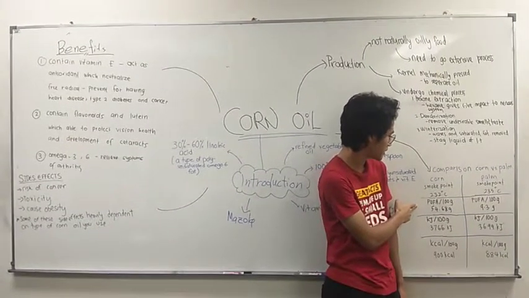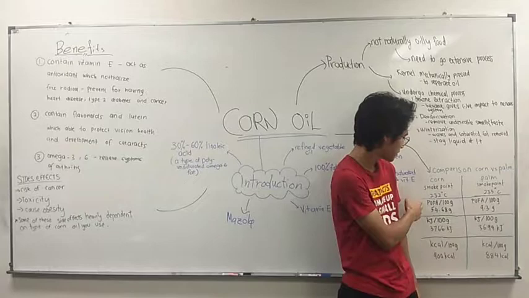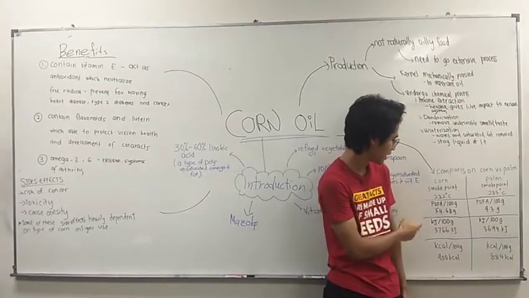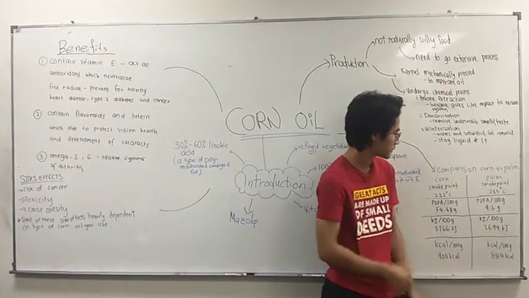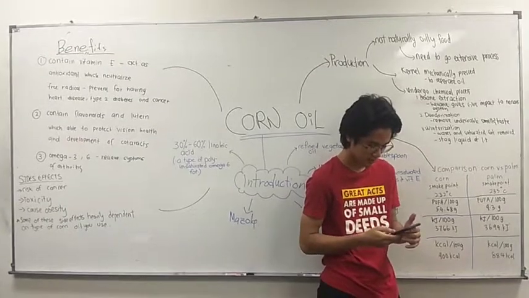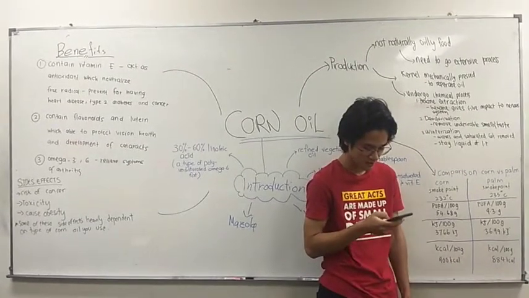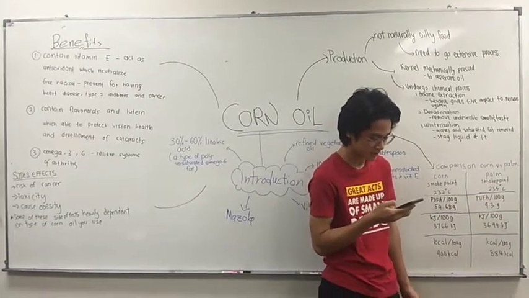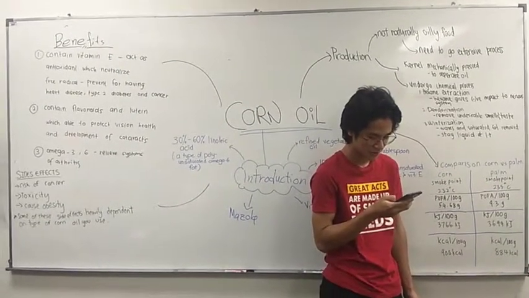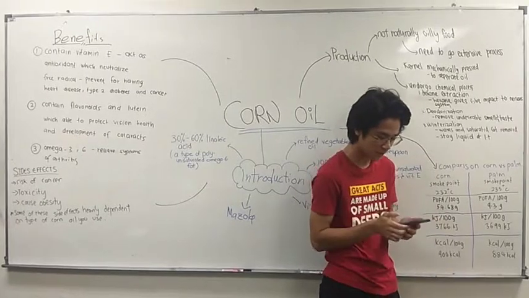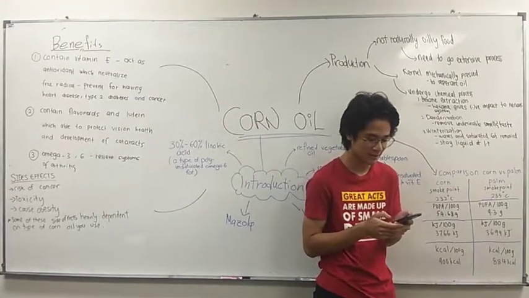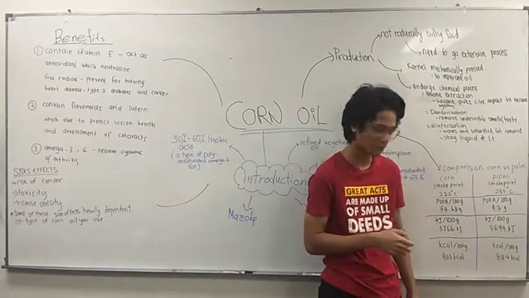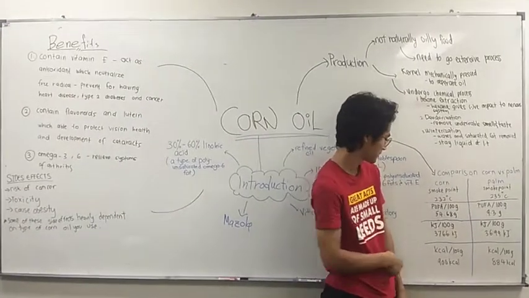For corn oil, polyunsaturated fatty acid is higher than palm oil. Polyunsaturated fatty acid is a type of healthy fat that includes omega-3 and omega-6 fatty acids, which are essential for brain function.